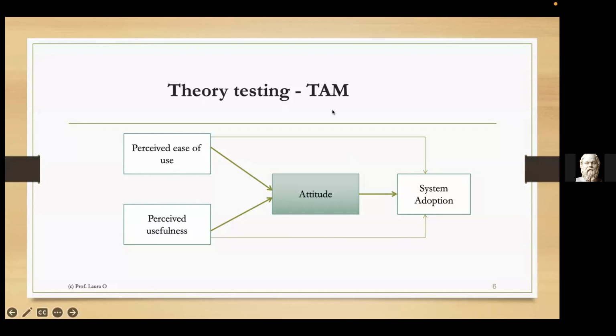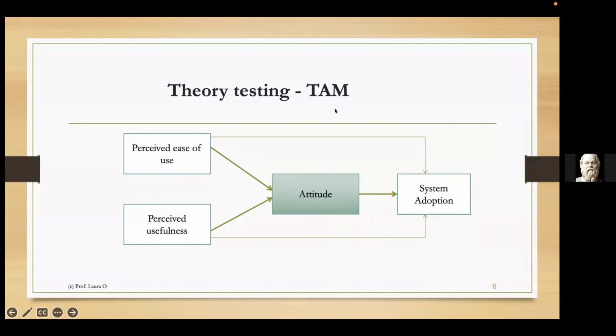So from the theorists' perspective, they provide the answer that when an individual perceives that a system is going to be useful, that is when the person will take it up. If the person perceives the system will be useful, will help him or her, that's when the person will take it up. If the person has a positive attitude towards that system, that's when the person will take it up.